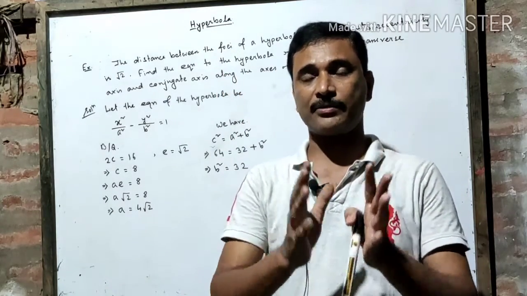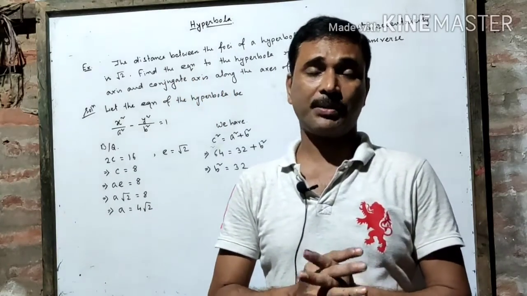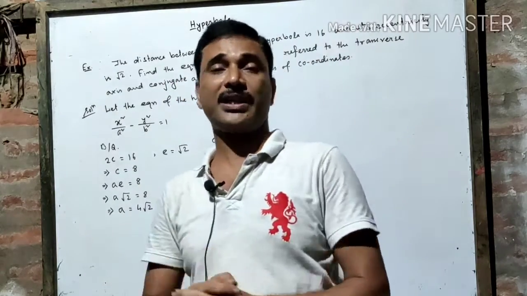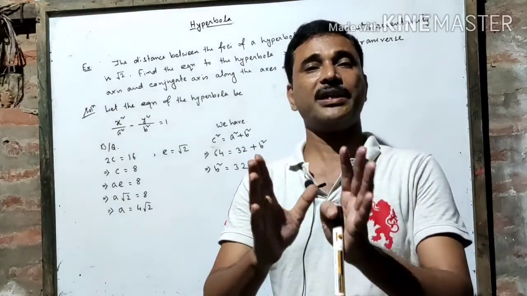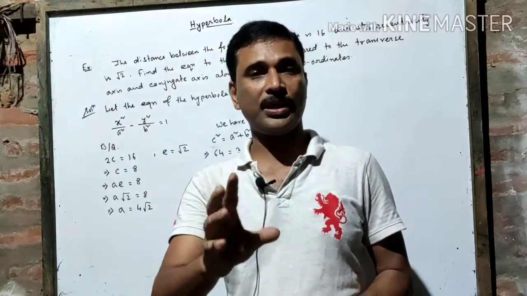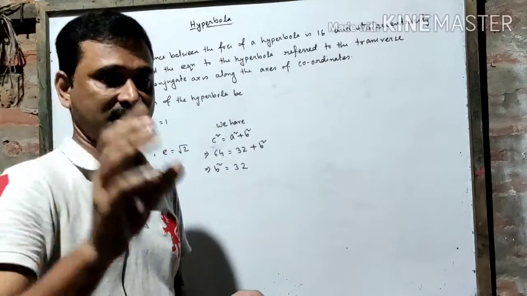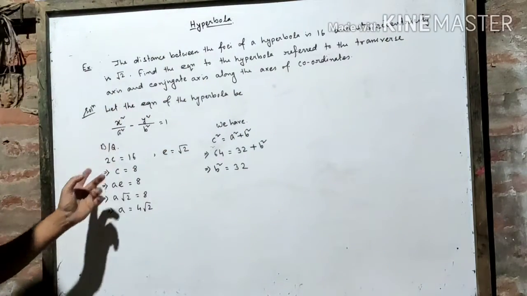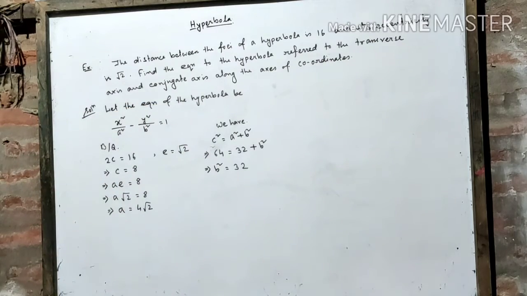A rectangular hyperbola is the hyperbola for which the lengths of the semi-transverse axis and semi-conjugate axis are equal. And the eccentricity of a rectangular hyperbola is always root 2. So remember these points. What is a rectangular hyperbola and what is its eccentricity? So here the hyperbola in our discussion is a rectangular hyperbola.